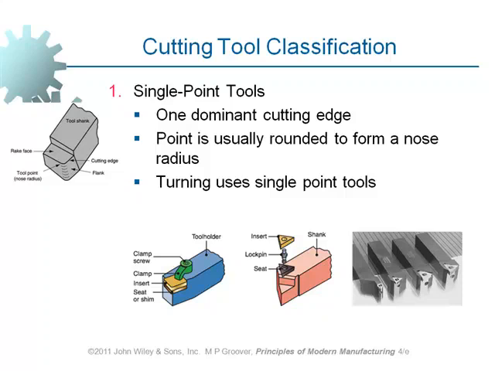And after a very short period of time, it is worn, and there is a change of shape and geometry. However, if we make use of a nose radius just like that, we subject a region of the cutting tool to friction and cutting forces instead of a single point. As a consequence, the cutting tool lasts longer.